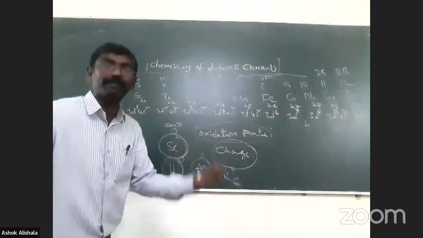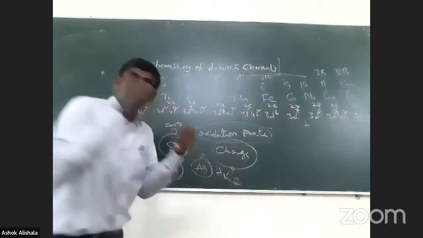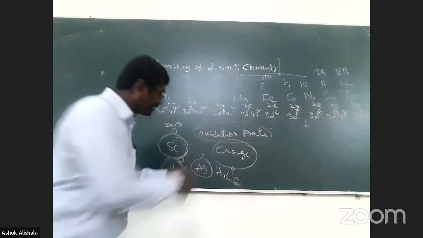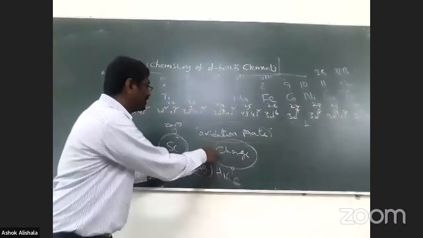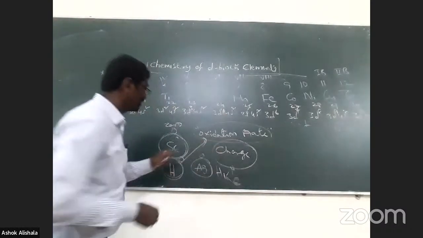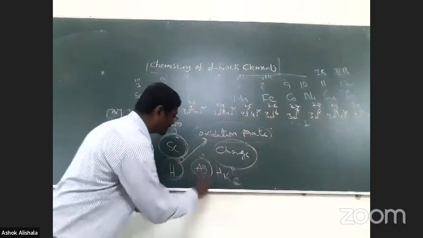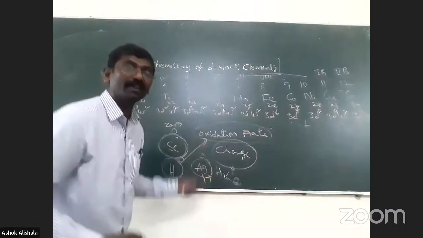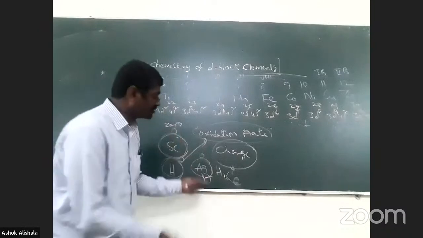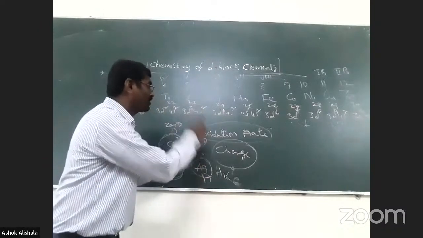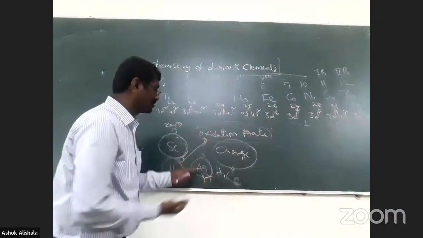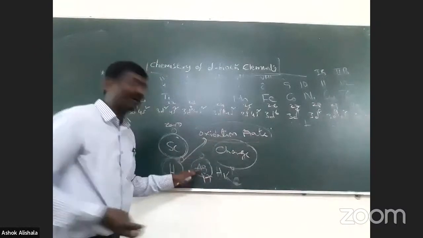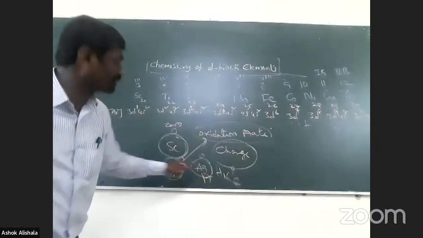The net charge on the hydrogen atom is zero, which means the oxidation state is zero. Similarly, silver has 47 protons and 47 electrons. The positive charge equals the negative charge. Therefore, it shows neither positive nor negative charge, so it is also a zero oxidation state.